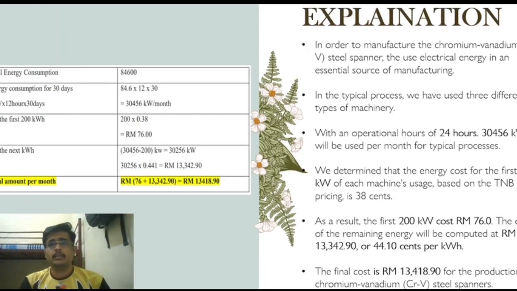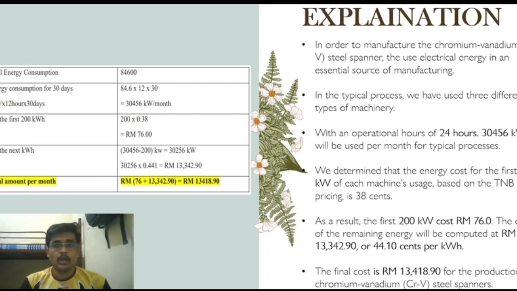So the explanation: in order to manufacture the chromium vanadium steel spanner, the use of electrical energy is an essential source in the sand casting manufacturing process. In this typical process, we use three different types of machinery with an operational time of 12 hours per day. So about 30,456 kilowatt hour will be used per month.